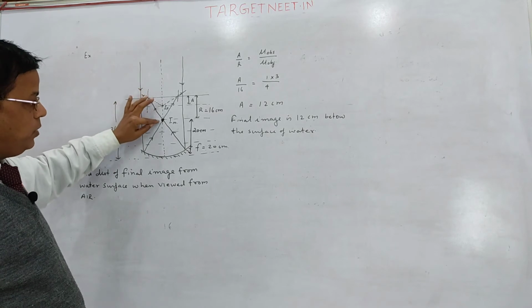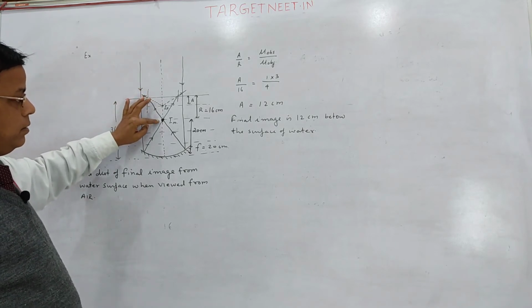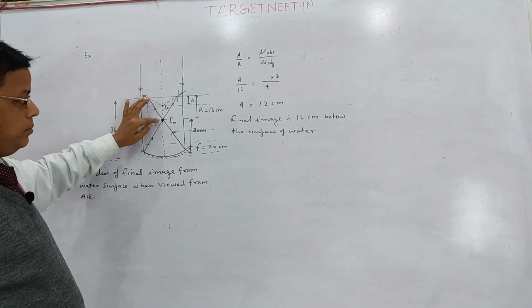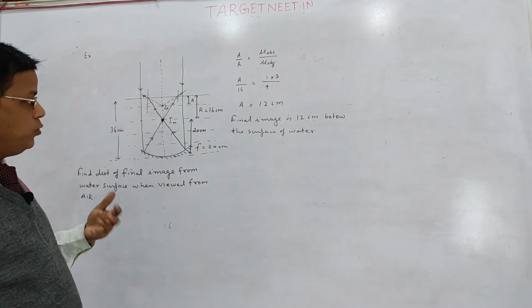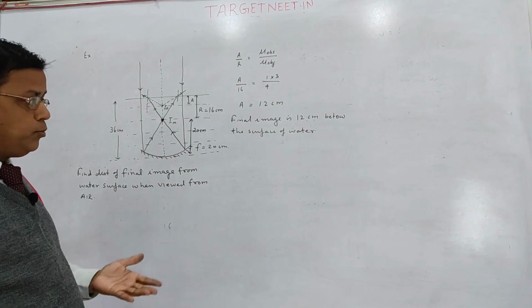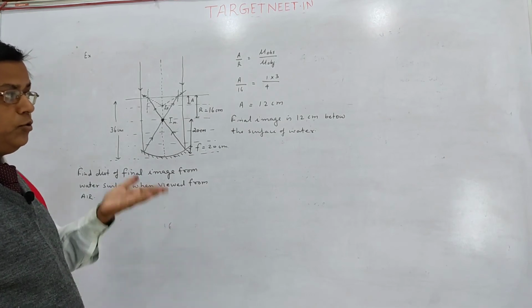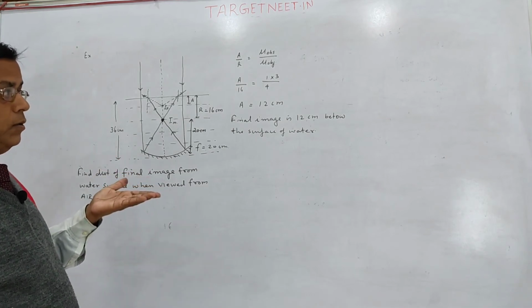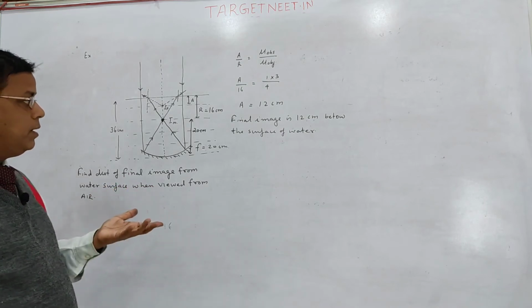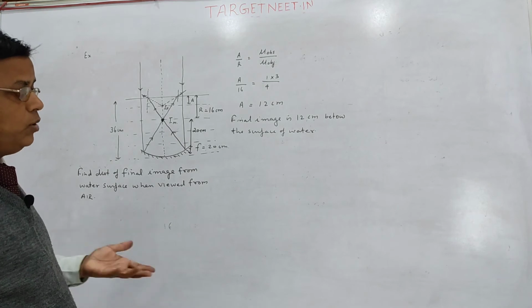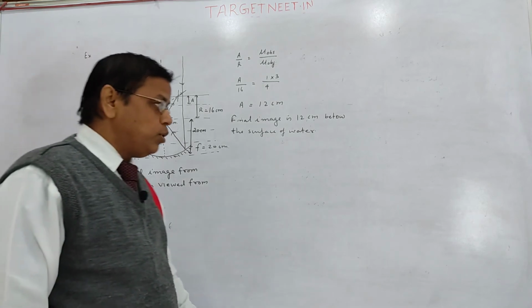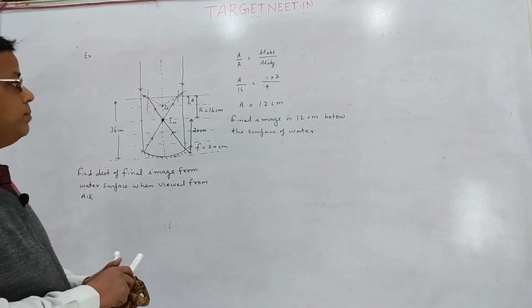So it appears to be above its actual position. That is the reason why when you see the bottom of a swimming pool from outside, it appears to be lifted. So sometimes the feeling may come that the swimming pool is not very deep, but actually it may be deeper than what you see from outside.